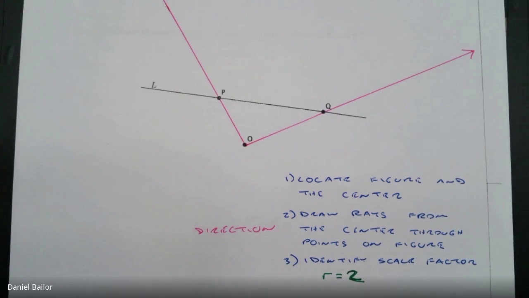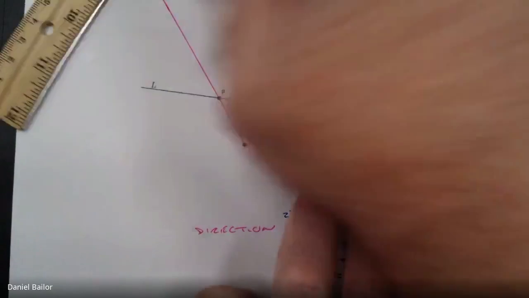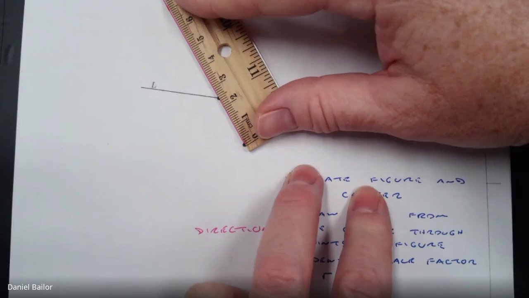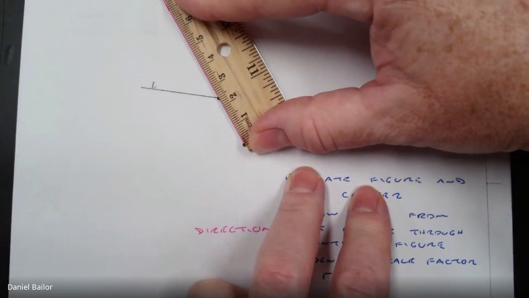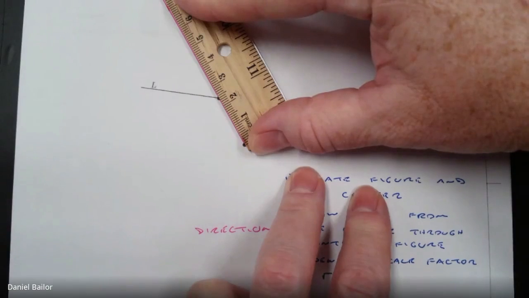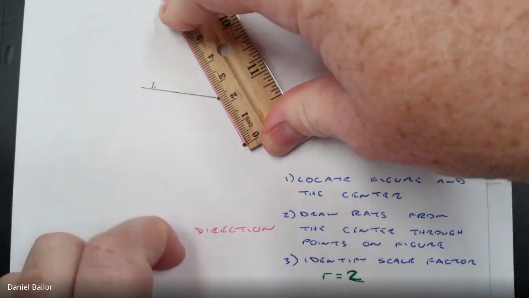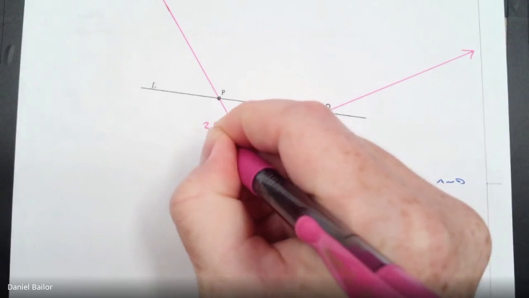Now, to do R equals 2, I need to actually find the original lengths. So the original length, let's see, what is OP? Let's use centimeters, because centimeters are a little bit easier to do with multiplication. If I'm looking at that, it looks like OP is 2.4 centimeters. 2 and then 4 more ticks means 2.4 centimeters.